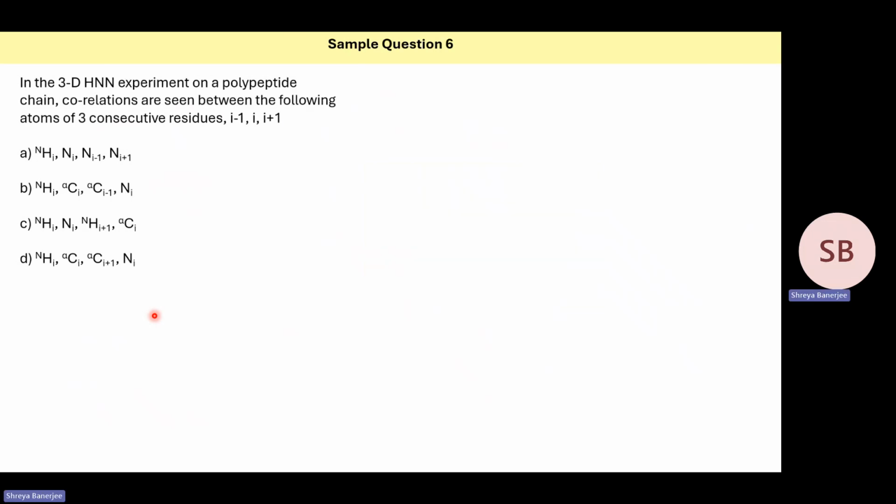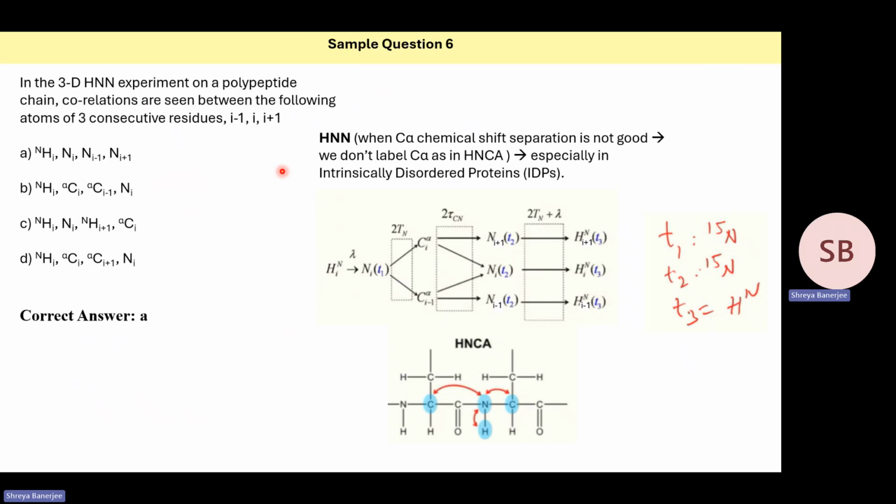Then you have a 3D HNN experiment. Again, it is asking that correlations are seen between which of the following atoms. Now, in HNN experiment, it is a bit different. So it is a derivative of the HNCA, but it is a bit more complicated.